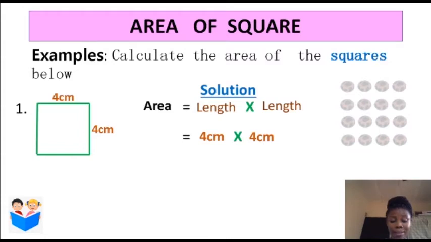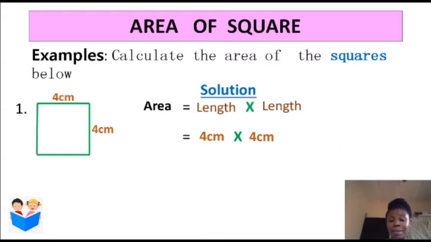So our last answer there will be 16 centimeters squared. Centimeters squared is a unit of area. How did we get it? 4 times 4 gives us 16. Then centimeters times centimeters gives us centimeters squared. So the area of this square is 16 centimeters squared. Second example.